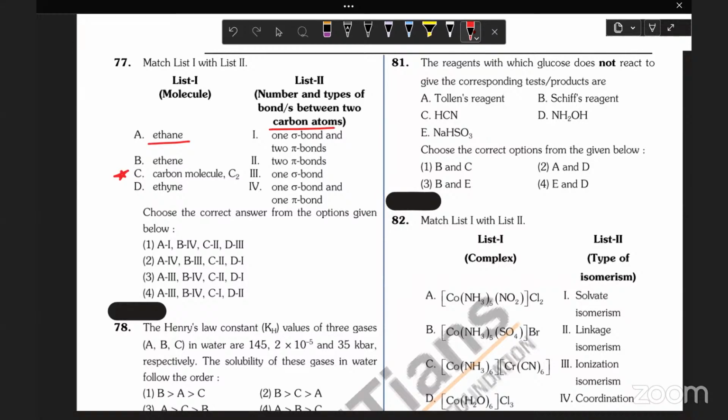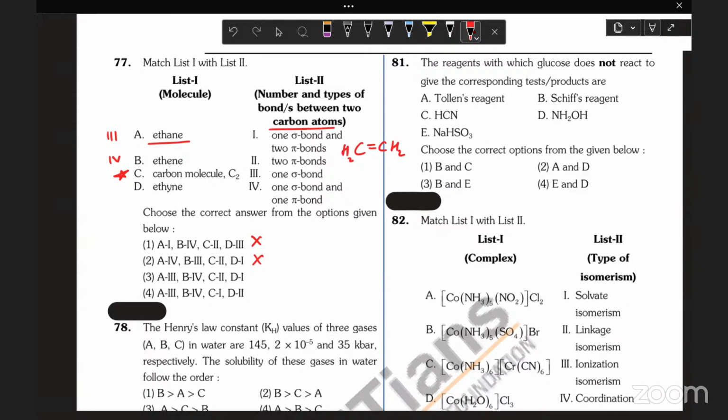You have to look at the carbon atoms. Ethane is a saturated hydrocarbon, with a carbon-carbon single bond, so one sigma bond. A will go with 3. So neither option 1 nor option 2. Ethene: we know ethene is something like this, so it has 1 pi and 1 sigma bond. B will go with 4.